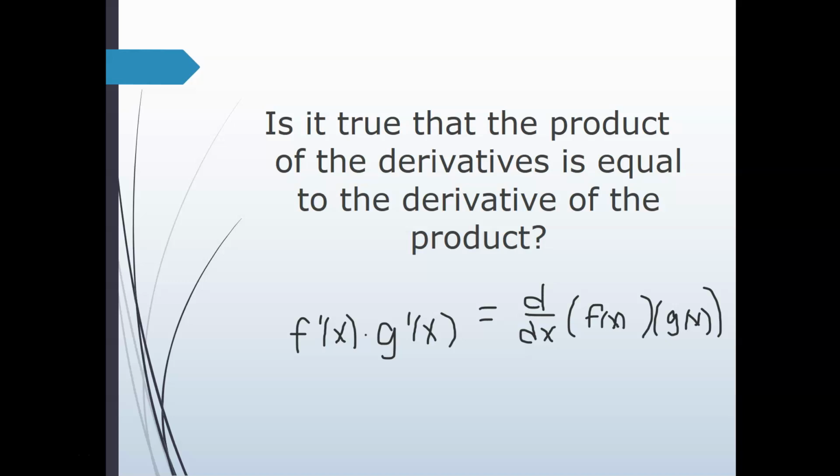In order to do that, we're going to take two functions and find their derivatives, and then find their product and its derivative. So go ahead in your table, find the derivative of f and g.